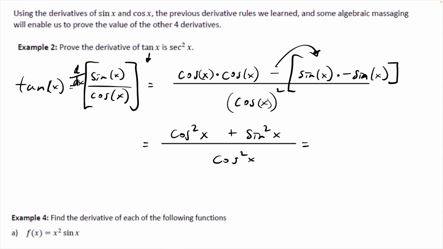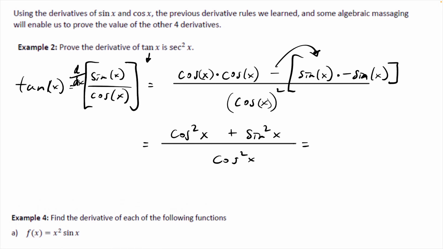Cosine squared of x plus sine squared of x. Does that sound familiar? It's really the only trig identity you need to know, and it only pops up every once in a blue moon. So the only trig identity we use in this class is the Pythagorean.